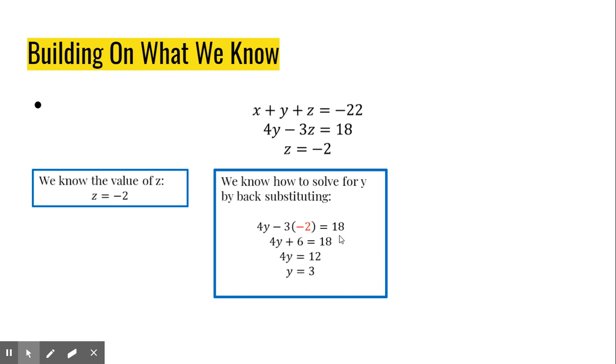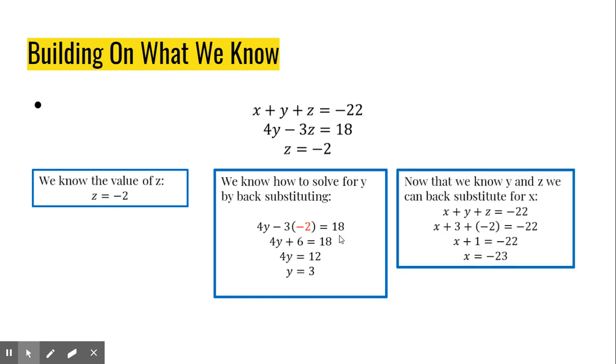Now that we know that, we can back substitute in the values for z and y into the first equation and solve for x. Anytime you have 2 out of 3 variables, you can solve for the third variable, and that's what we're going to do here. So y is 3, z is -2.